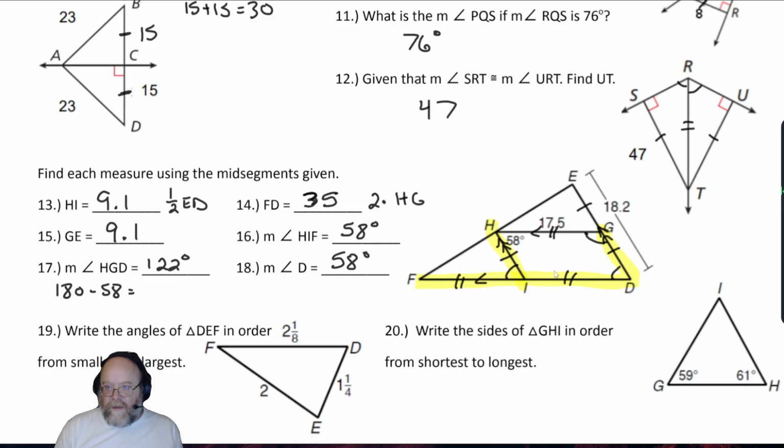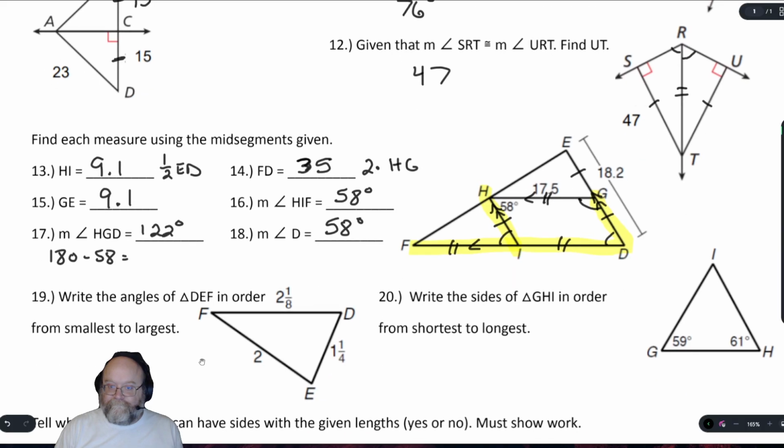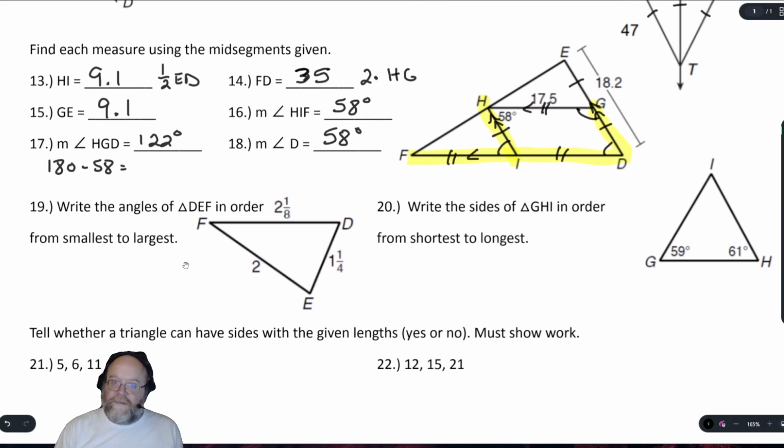That's corresponding angles. You really got to know that: the corresponding angle, the alternate interior, the alternate exterior, the same side interior. It's pretty handy. If you ever want to build anything, it's pretty useful.